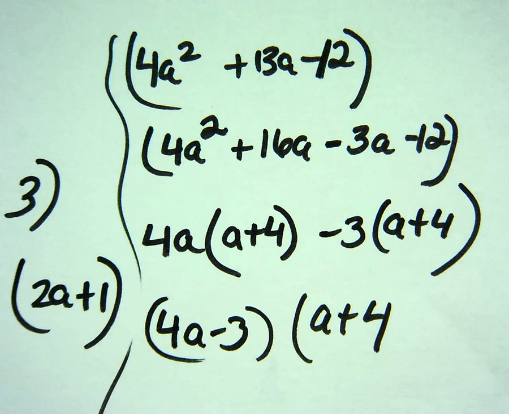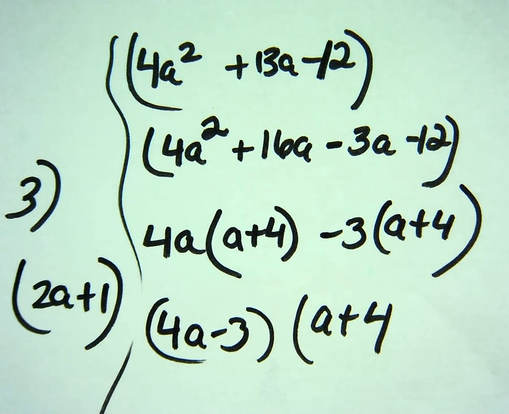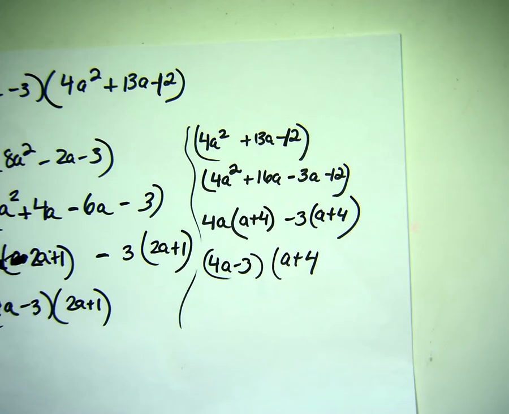So 4a times a plus 4. And then right here, I can factor out a 3. I still got a plus 4. So we know that the a plus 4 has to be part of your factoring. And then we're going to combine this right here. So now that part of your denominator, you have 4a minus 3 times a plus 4.